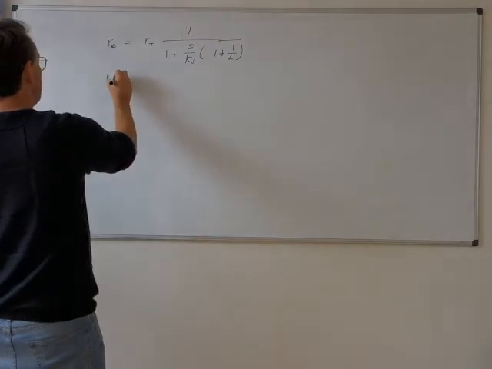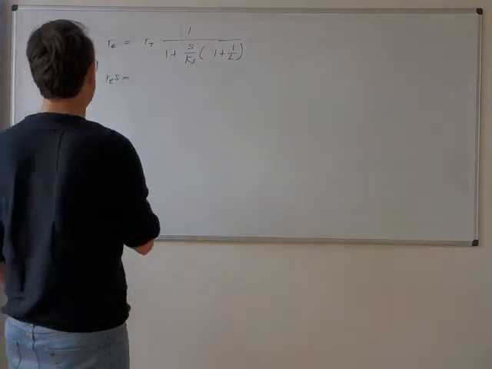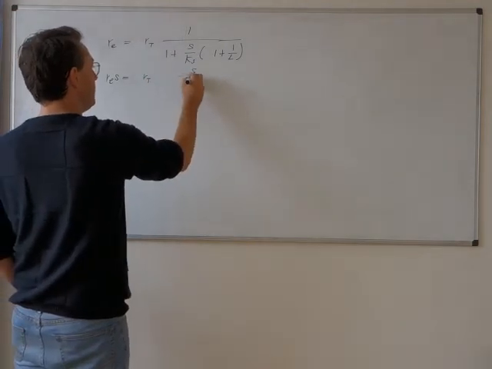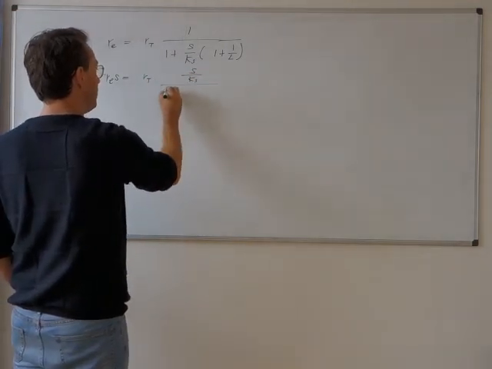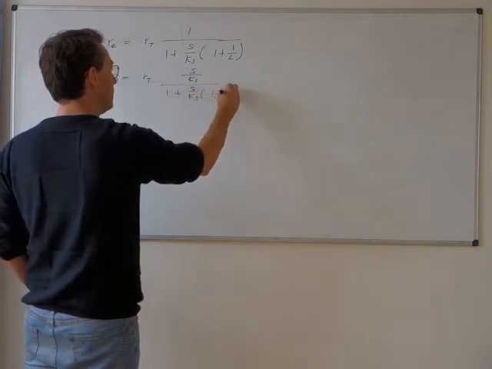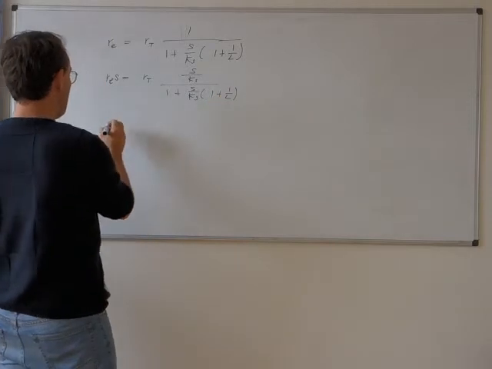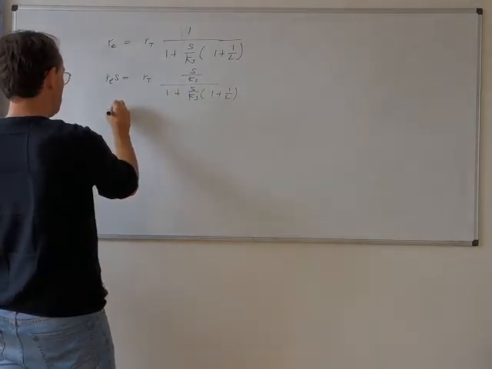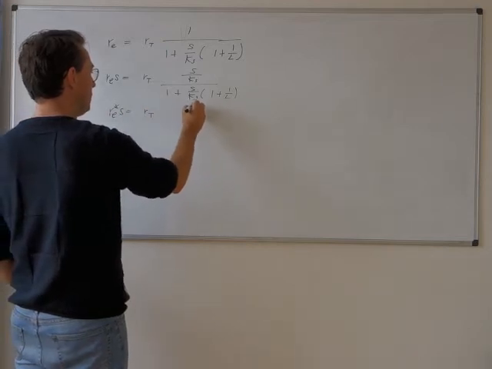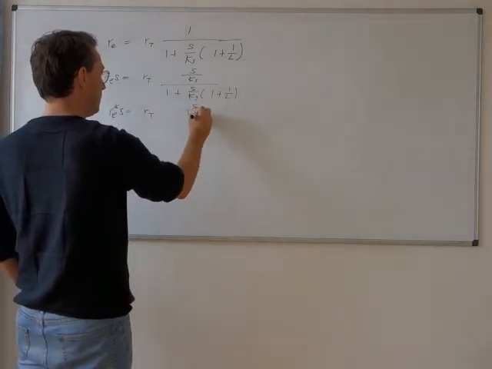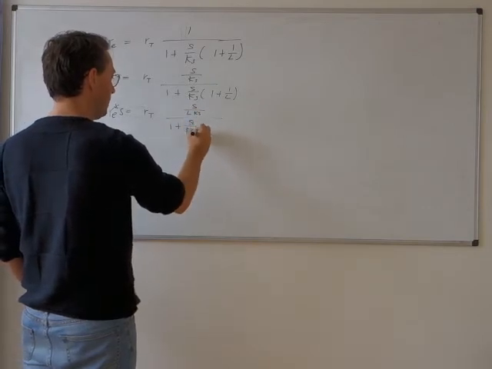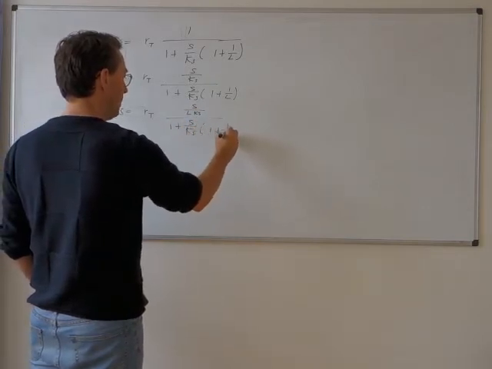We have the concentration at equilibrium of the receptor bound to the signal, which is (S over Ks) over (1 plus S over Ks) times 1 plus L, and we have the equilibrium concentration of the active receptor, which is R total times L over (1 plus S over Ks) times (1 plus 1 over L).